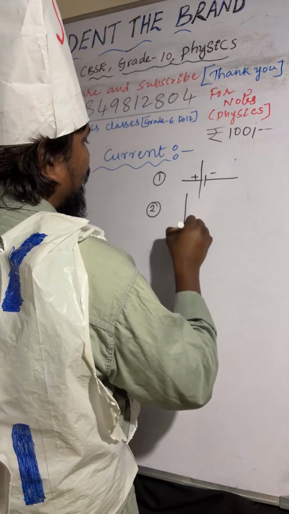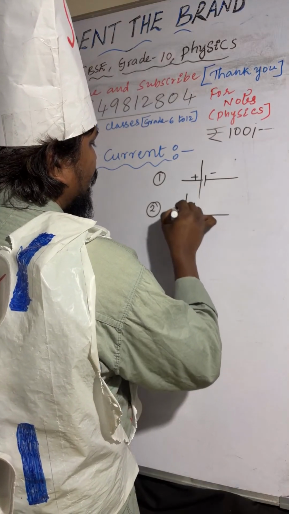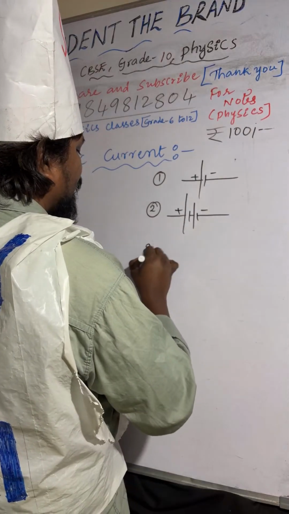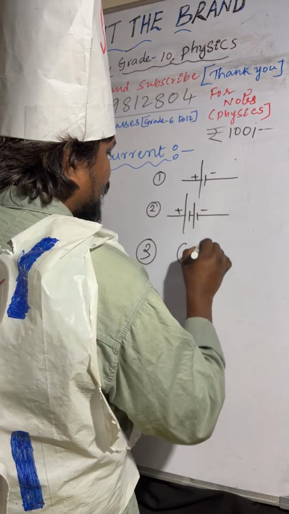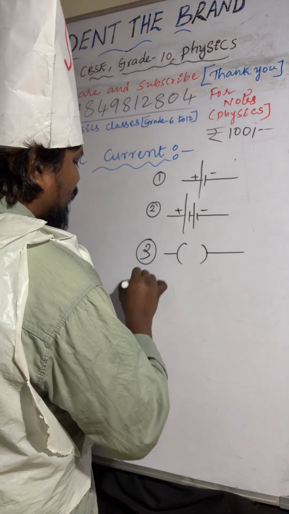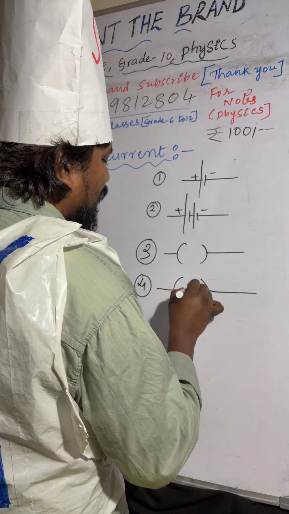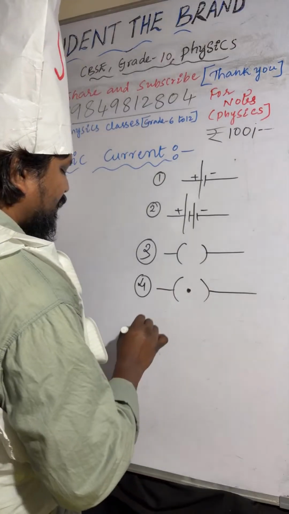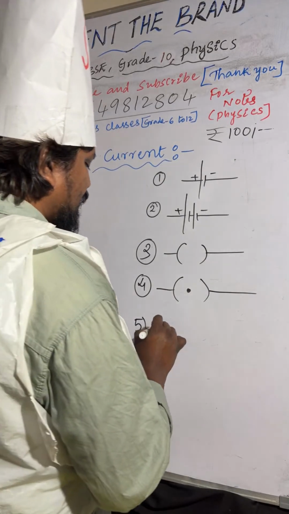Second one is battery, like this, positive terminal, negative terminal. Third one is switch. This is an open switch. And the fourth one is a closed switch. And the fifth one is resistor.